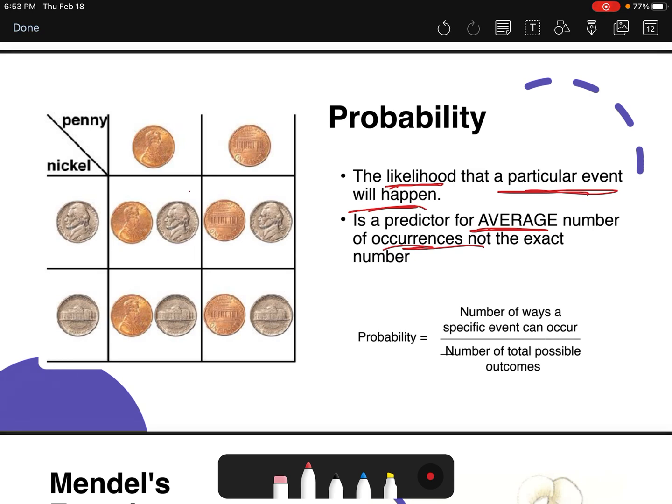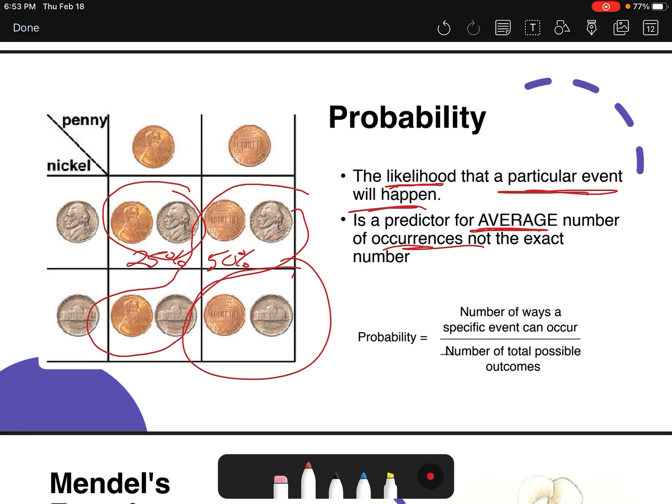So the probability of getting 2 heads here is 25%. The probability of getting 1 heads and 1 tails is going to be 50%. And the probability of getting 2 tails is again 25%. So the probability will be the number of ways a specific event can occur over the number of total possible outcomes.